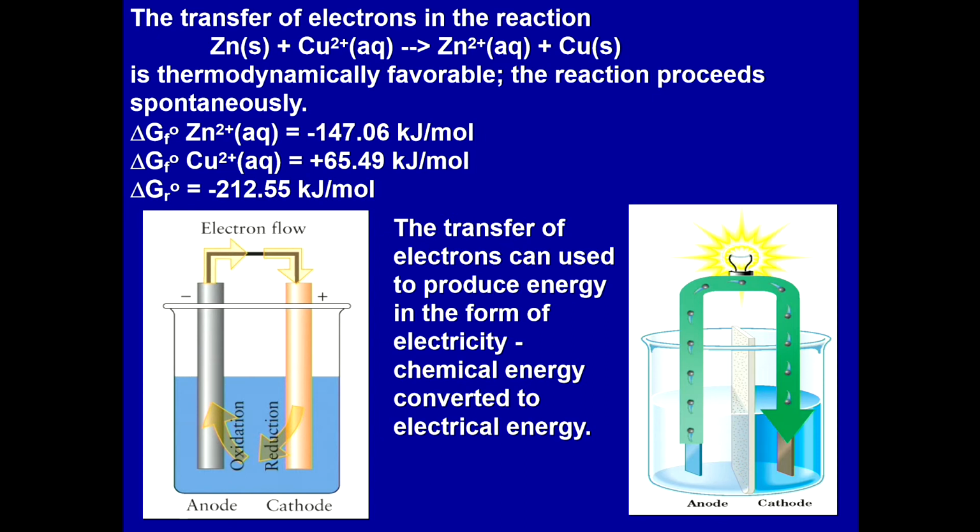Their signs are opposite: one is negative, the other is positive. If it's negative, it's stable. For the zinc ion, the delta GF is negative, so is it more stable than solid zinc? Yes, it's more stable because it has low free energy.